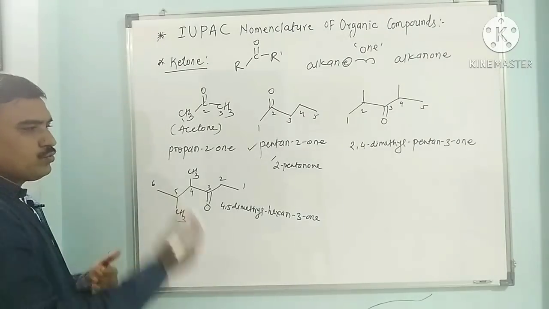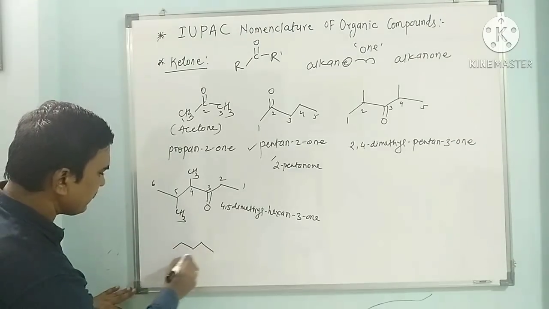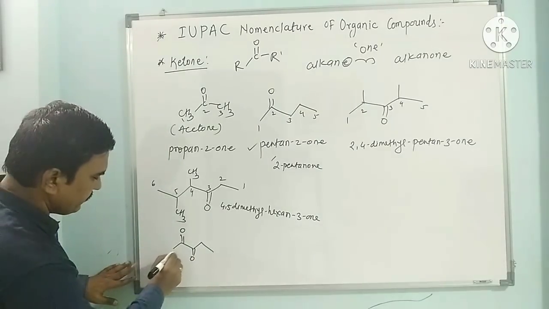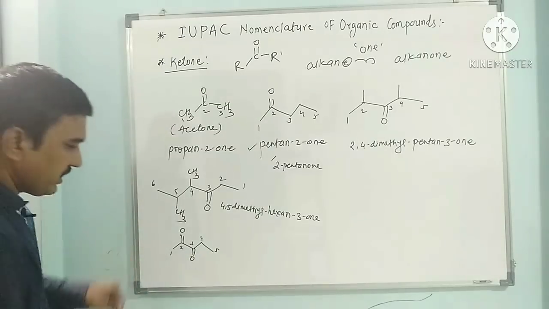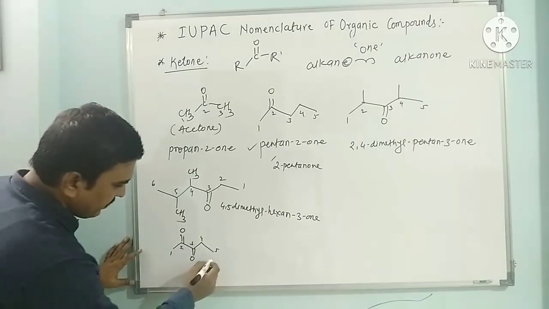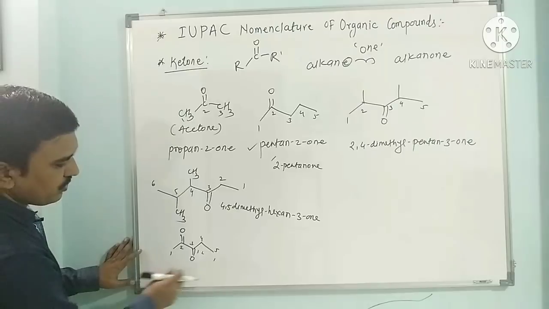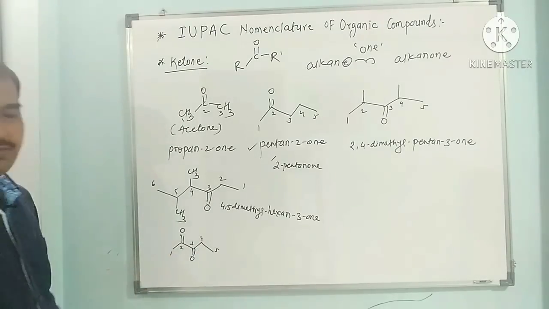If two carbonyl groups are there, then called as dione. This is double bond O, this is double bond O. Then 1, 2, 3, 4, 5. Not like 1, 2, 3, 4, 5. Why? If you start numbering from this side, this is 1, this is 2, this is 3, this is 4. So 3, 4 goes to carbonyl. It is higher number. So I have to give lowest possible number.